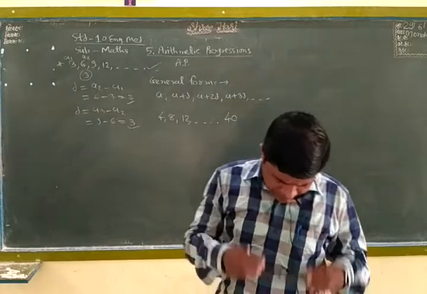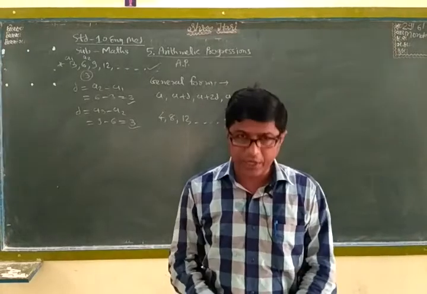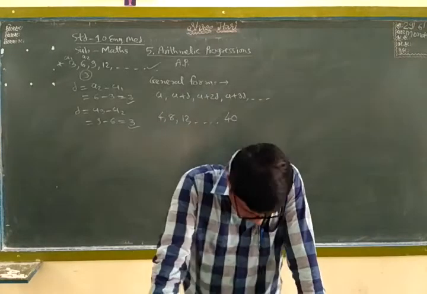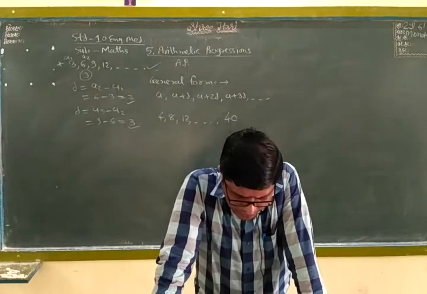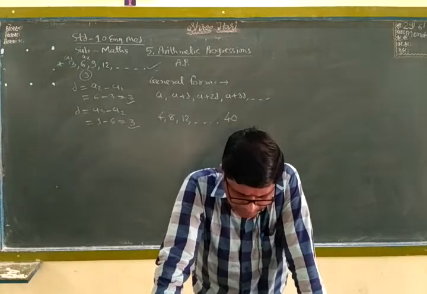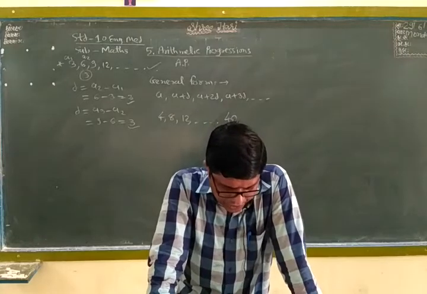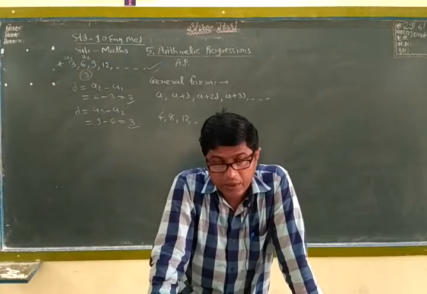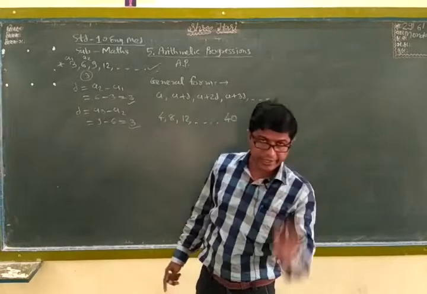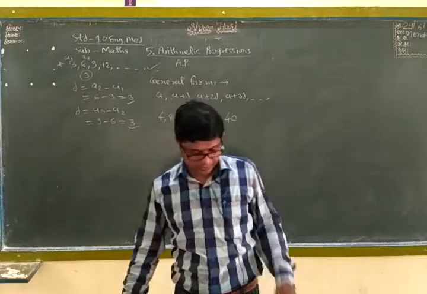Now we also start exercise 5.1. I read the question, all of you listen carefully. In which of the following situations does the list of numbers involved make an arithmetic progression, and why? It means you find out whether it is an arithmetic progression, yes or no, and give the reason.